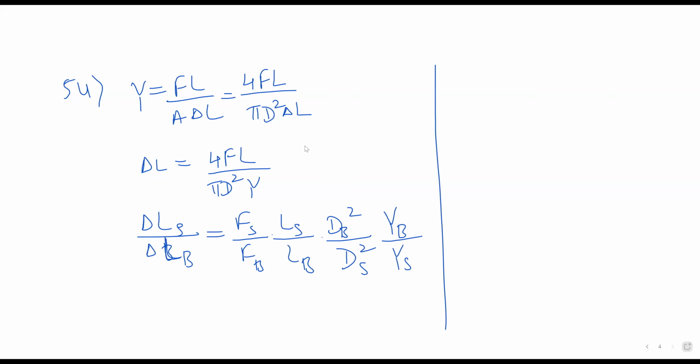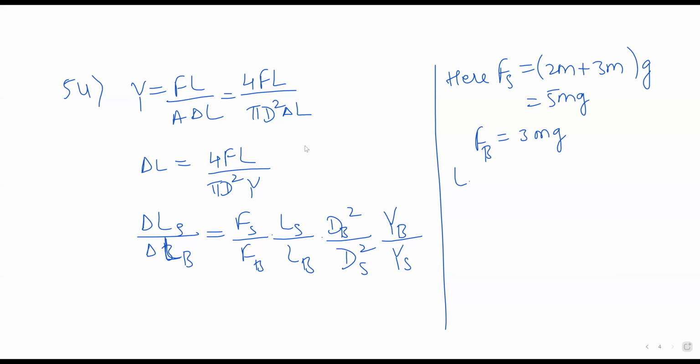So here, Fs is calculated by taking the sum of 2 meter plus 3 meter, that's equal to 5 milligram. And for brass it is 3 milligram. And Ls divided by Lb, we consider that one as Q, and ds divided by db, we consider as P, and Ys divided by Yb, we consider as R. In order to reduce the equation, we are giving some notation.